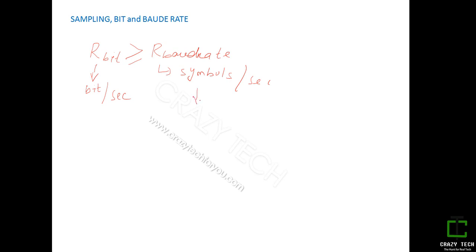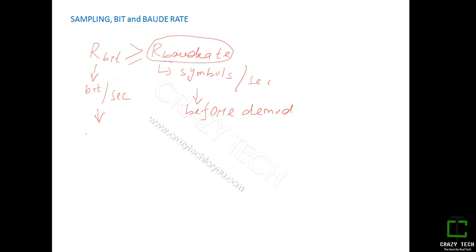This symbol per second we are going to need before demodulation. Before demodulation I have to use baud rate in my equation to solve the demodulation problem.